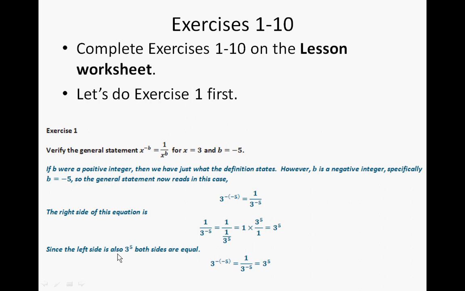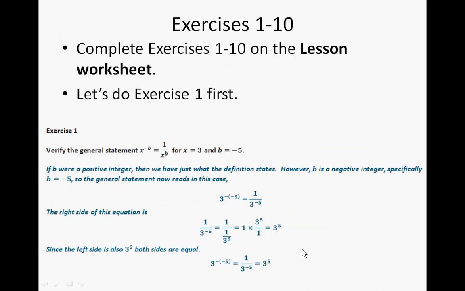Now, since the left side is also 3 to the 5th power, both sides are equal. So if we take a look at the left side, well, the opposite of -5 is +5. So therefore, this is equal to this. So we know that they are the same.